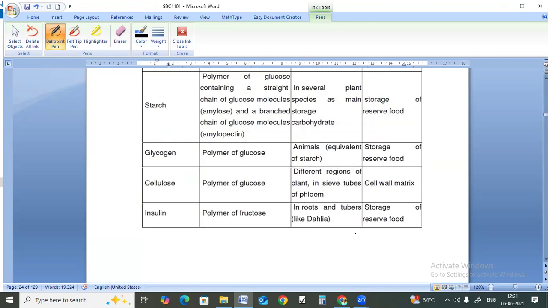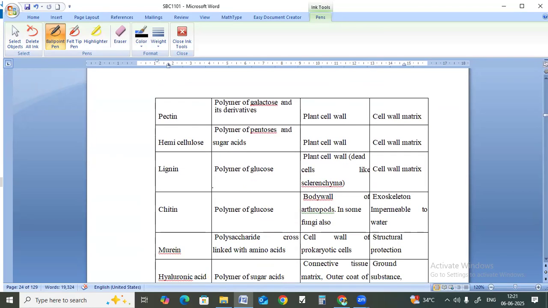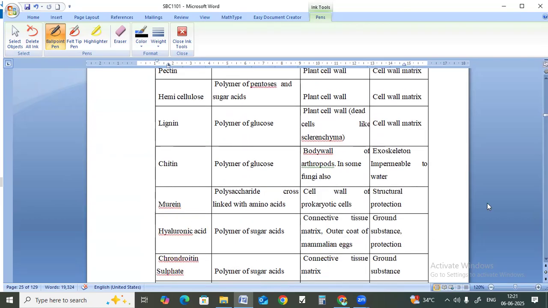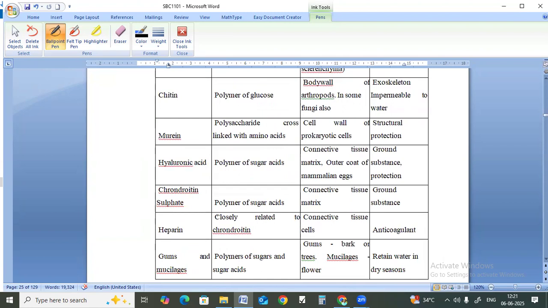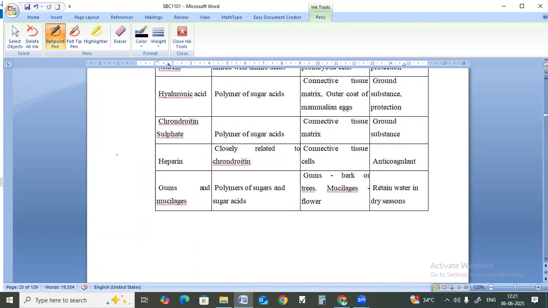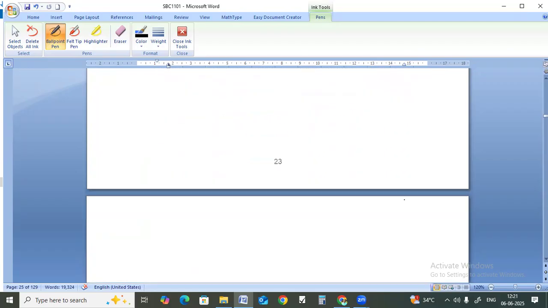Cellulose is present in cell walls, inulin is the reserve food, pectin is present in cell wall, hemicellulose is also the cell wall matrix, lignin is also a component of cell wall, chitin is mainly the fungal cell wall and also exoskeleton, murein is a structural protection, hyaluronic acid is a ground substance which is protecting, chondroitin is present mainly in connective tissues and matrices, and heparin is acting as an anticoagulant, and gums and mucilages are retaining water in dry season.